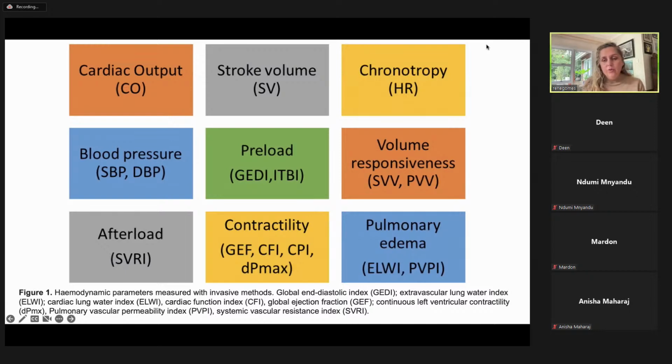And then, of course, this PVPI value, which they taught us, will tell you whether the pulmonary edema is being caused by respiratory failure or cardiac failure, which is really great, so that it can point you in the right direction of what might be going on with your patient. And this was very, very interesting in the case that I'm going to show you now.